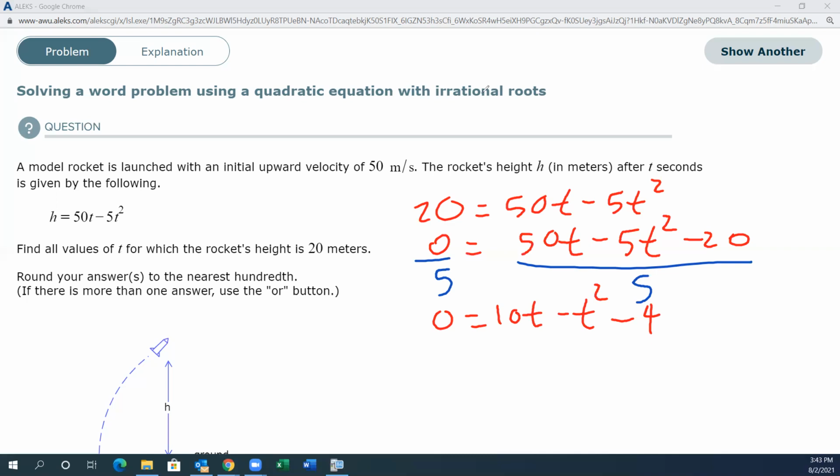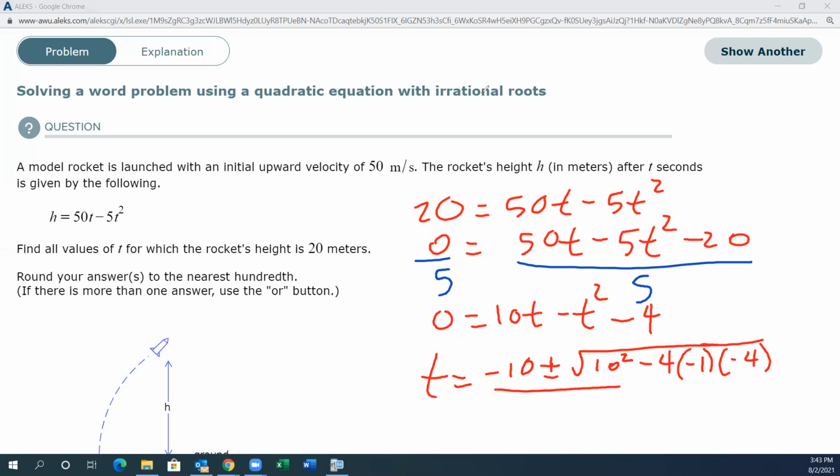All righty. So t equals, by the quadratic formula, negative b plus or minus the square root of b squared minus 4ac, all over 2a.